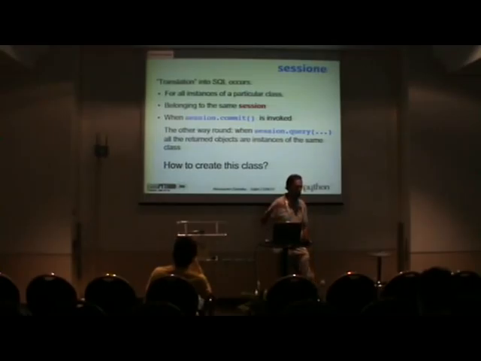On the opposite, when we query the database through something like session.query, all the objects returned belong to this particular class, so that we are sure they will be mapped back correctly. Now, the question is, how can we create this class?